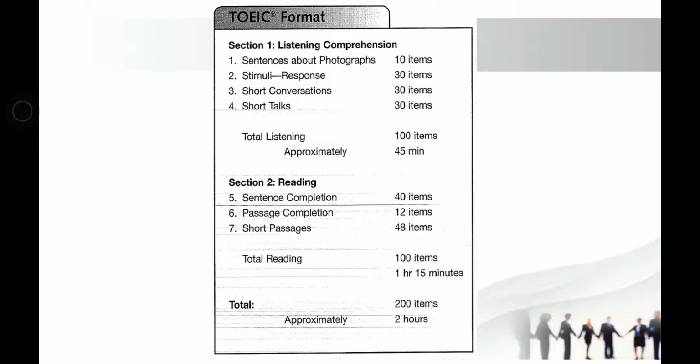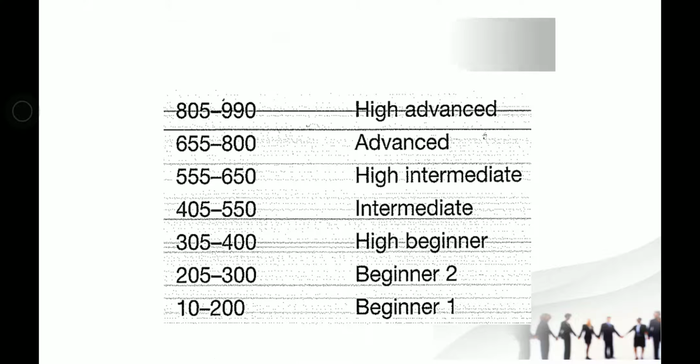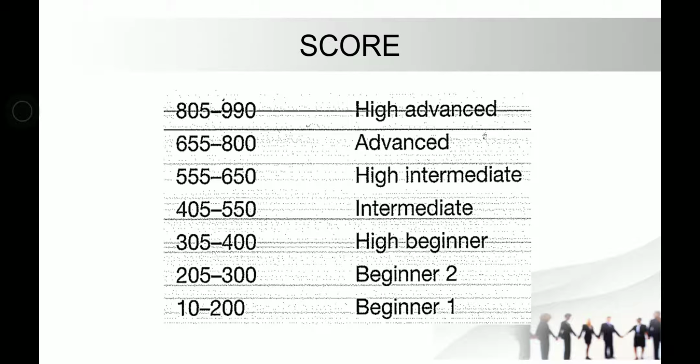So the total is 200 items, and your time allocation is about 2 hours for the TOEIC test. The score range is from 10 to 990. The highest is 990 and the lowest is 10.